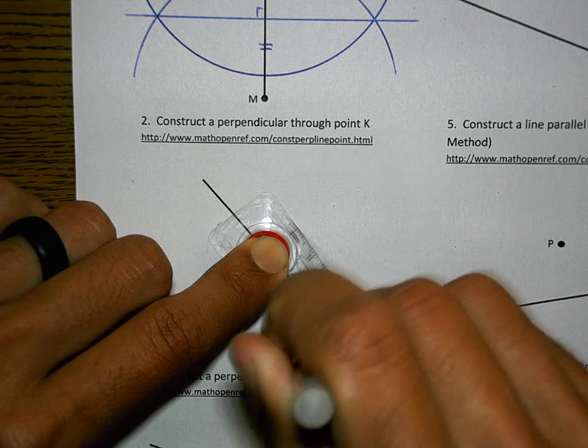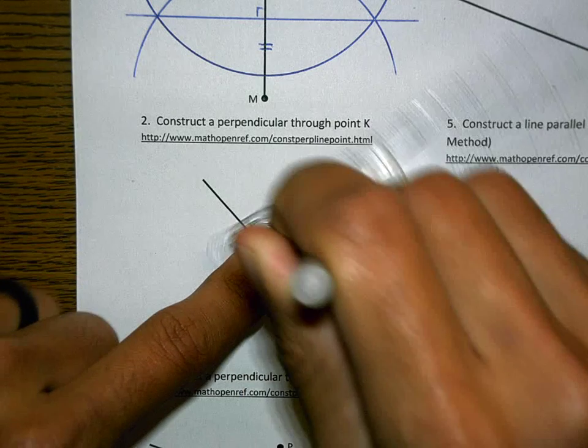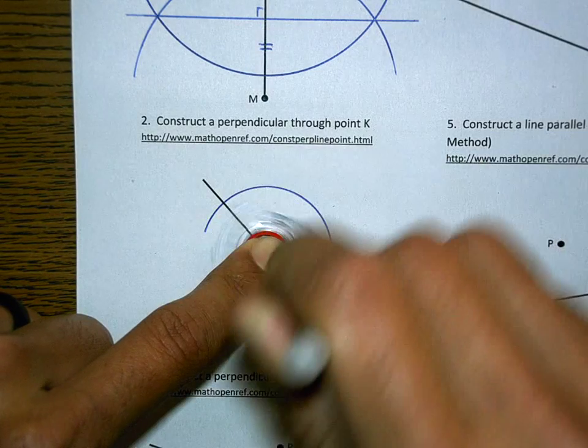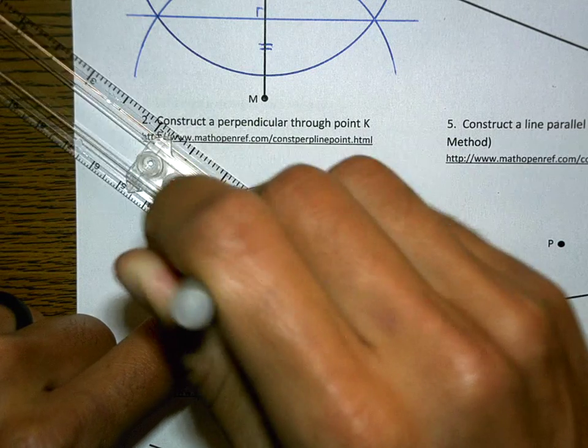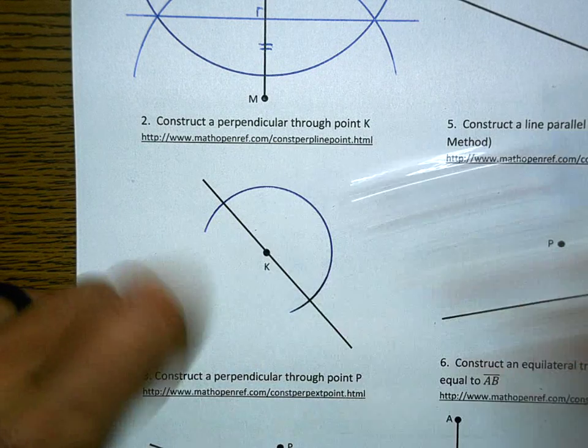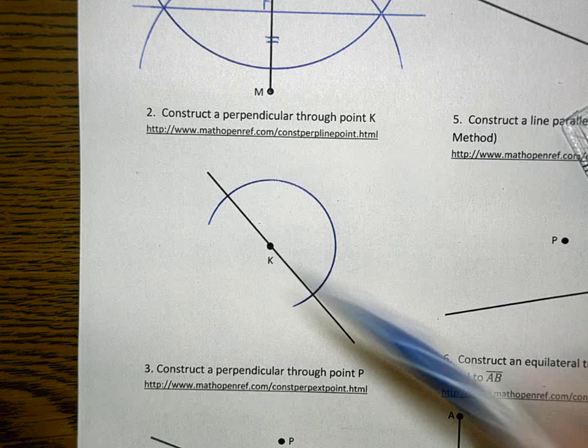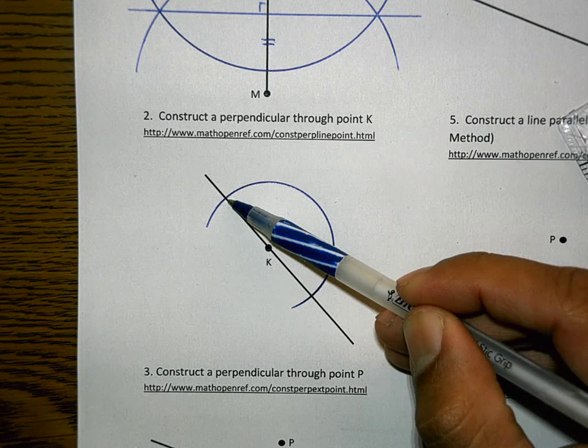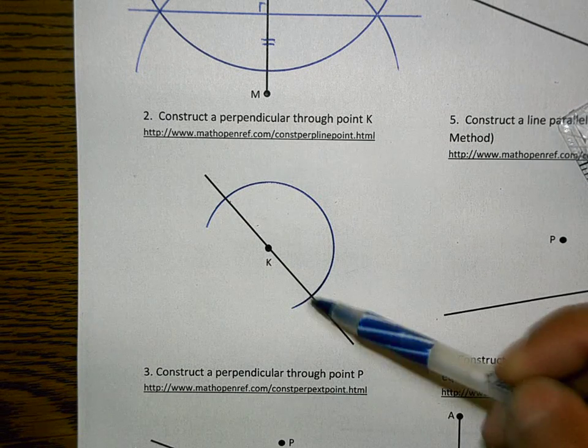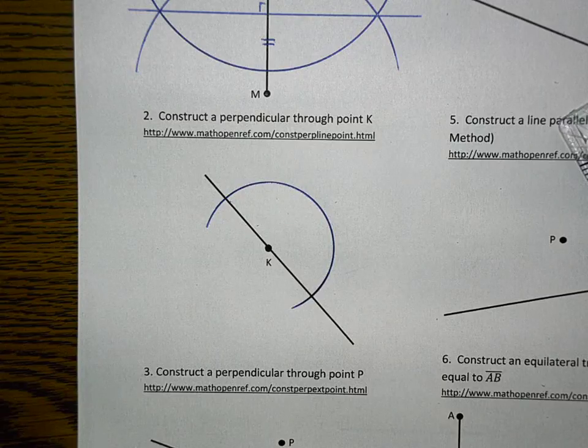I now have a point here, and I'm going to go all the way around. I got a circle. Now I have a point here and a point here that are equidistant apart.